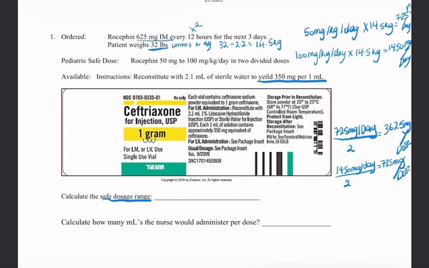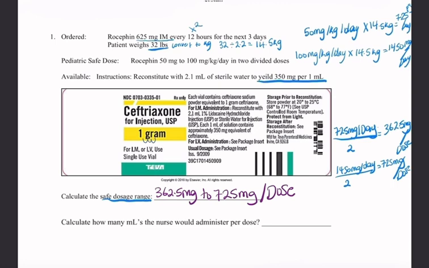So once I get that, my safe dosage range is going to be 362.5 milligram per dose to 725 milligram per dose. You see I put dose because I want to be clear that is what the patient gets per dose.